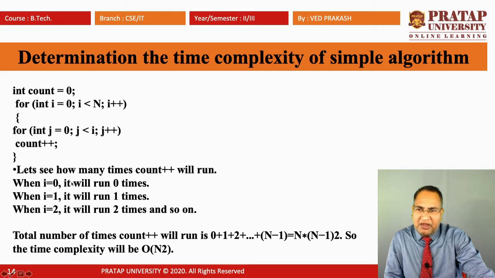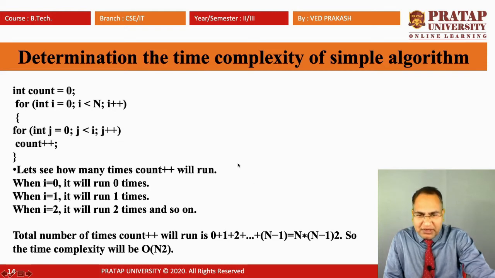When i is 0 it will run 0 times, when i is 1 it will run 1 time. So, this is the frequency of running this algorithm. At i equals 0 it runs 0 times, then 1 time and 2. So, we can say that it follows a simple pattern of 0, 1, 2 and so on.